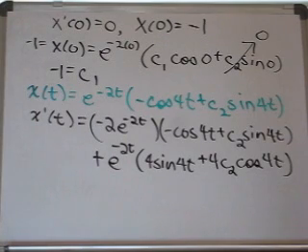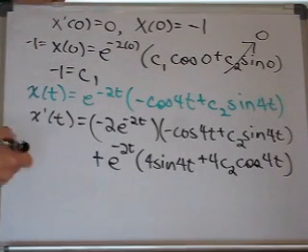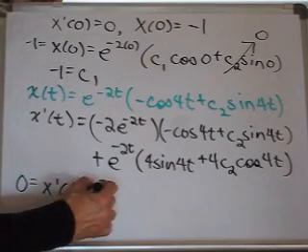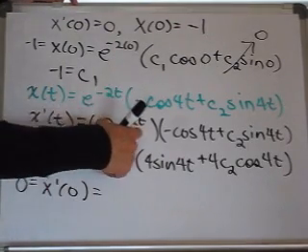So we're going to finish solving for the constant c2. I've taken the derivative x prime of t, and now I need to use the initial condition that the initial velocity is 0, so x prime of 0 is 0. So I get 0 equals x prime of 0, which equals plugging in 0 for t.